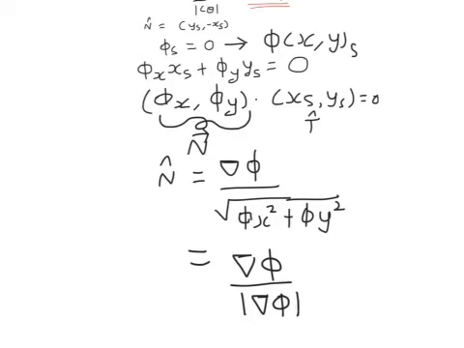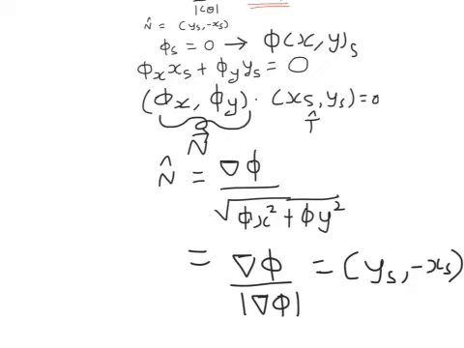So this is the unit normal from the level set perspective, and we also know the unit normal is given by y s comma minus x s. I just want you to know that both formulas are true, and it's not like just because we are in level sets the other one is no longer true.